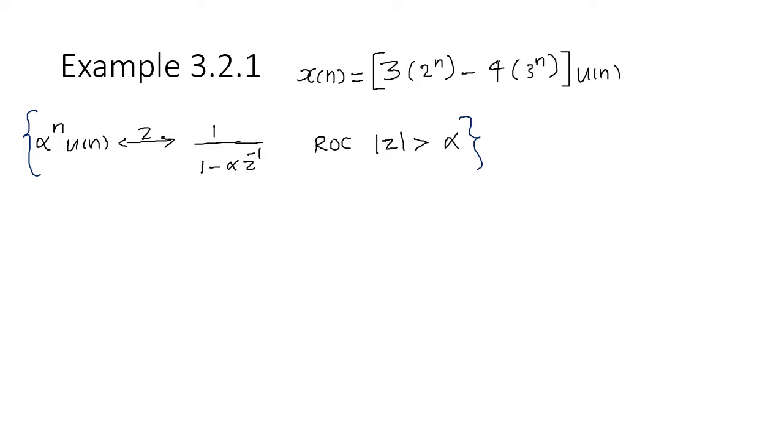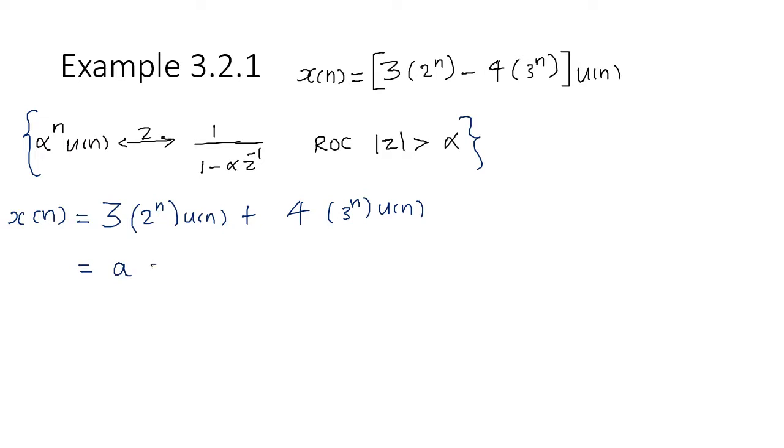Now let us consider our signal x of n, which can be rewritten as 3 into 2 raised to n u of n plus 4 into 3 raised to n u of n. You can consider this as some a x1 of n plus b x2 of n.